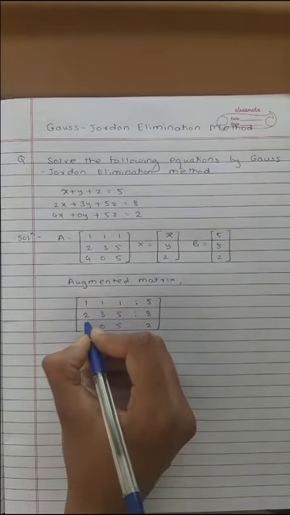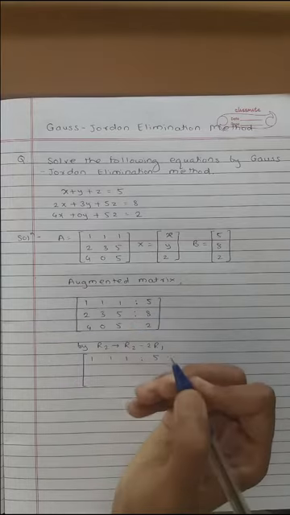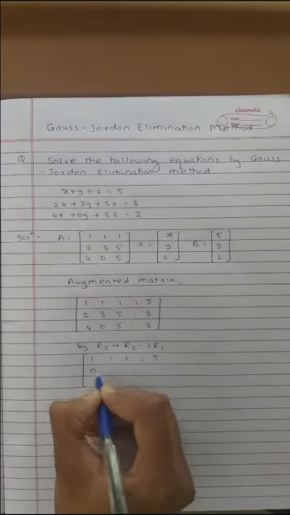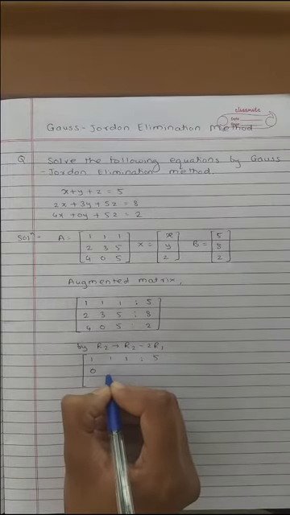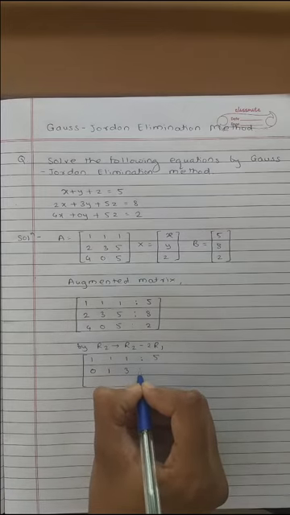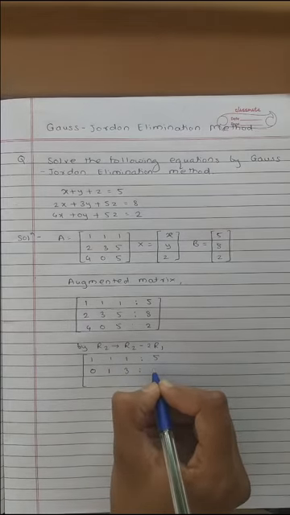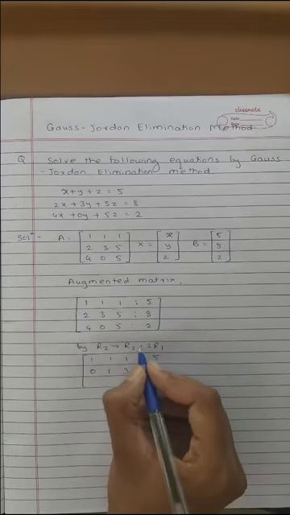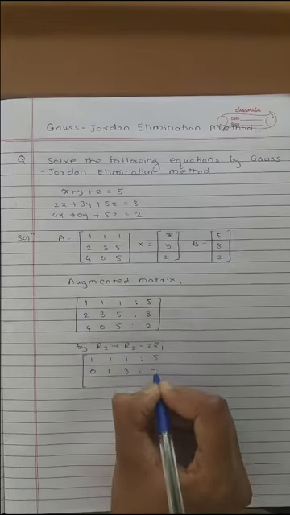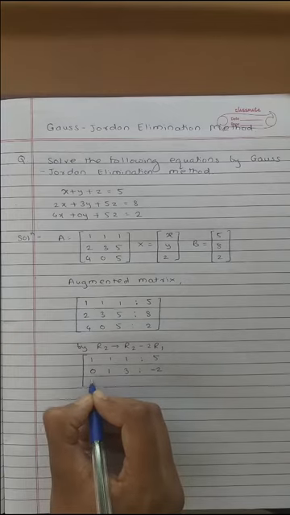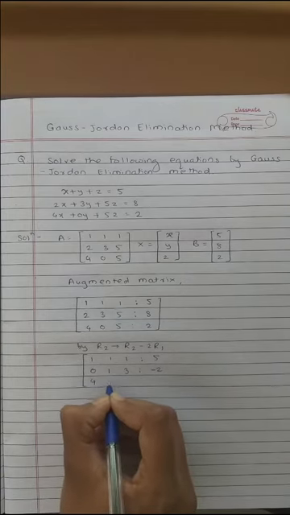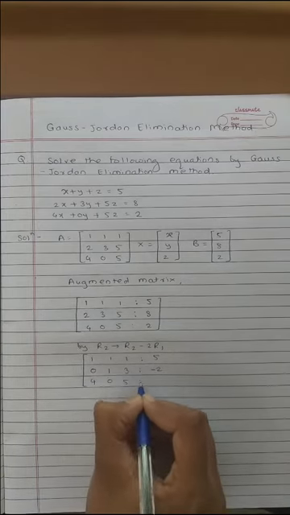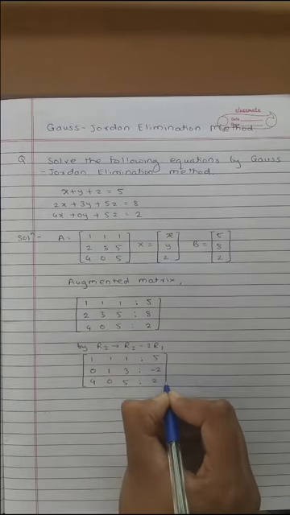Then R2 minus 2 times R1 means 0, 1, 3 augmented with 8 minus 2 into 5, that is 8 minus 10, we will get minus 2. Then R3 will be the same as it is, 4 0 5 augmented with 2.